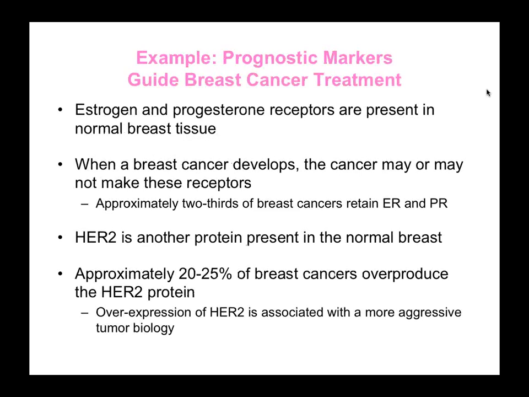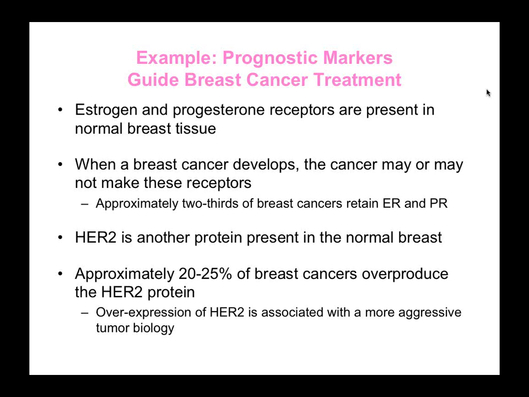And so I just wanted to go through a quick example of breast cancer treatment, and think a little bit about markers that are used for all invasive breast cancers that help us to guide what treatments we should be selecting for our patients. Estrogen and progesterone receptors are present in the normal breast.